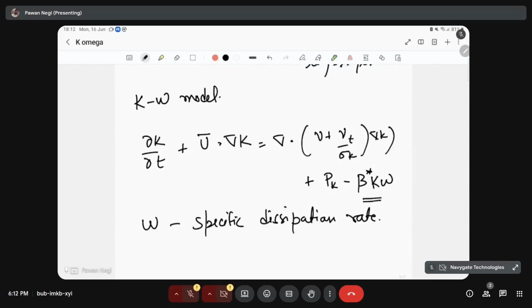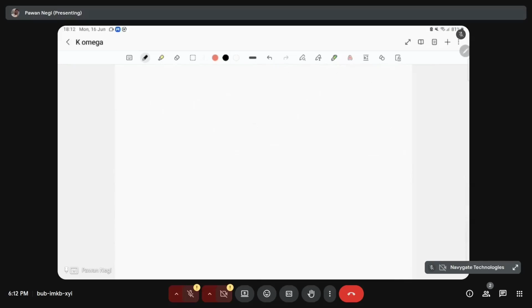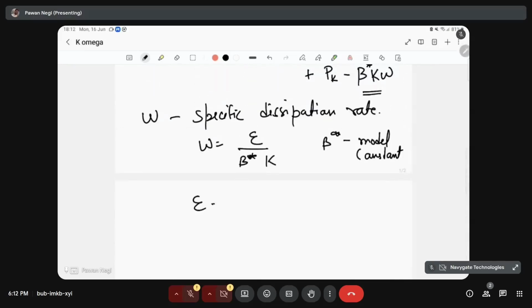Omega is given by epsilon over beta star times k, where beta star is the model constant. Notice that as epsilon goes to 0, k also goes to 0 close to the wall, and omega resolves well. Therefore, this value resolves well close to the wall.